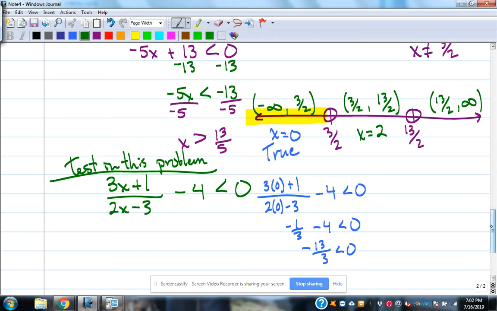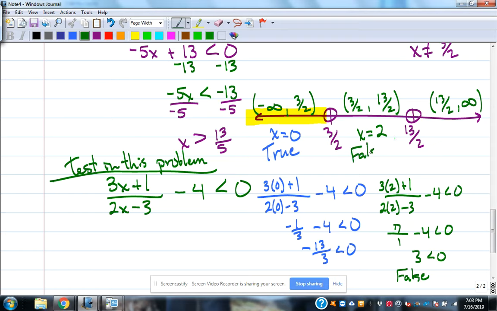And plug that in. 3 times 2 plus 1 over 2 times 2 minus 3, minus 4. So that'd be 6 plus 1 is 7 over 1, minus 4. That's 3. Is 3 less than 0? Oh, that's false. 3 is not less than 0. So that middle part is out. It's not part of the answers.